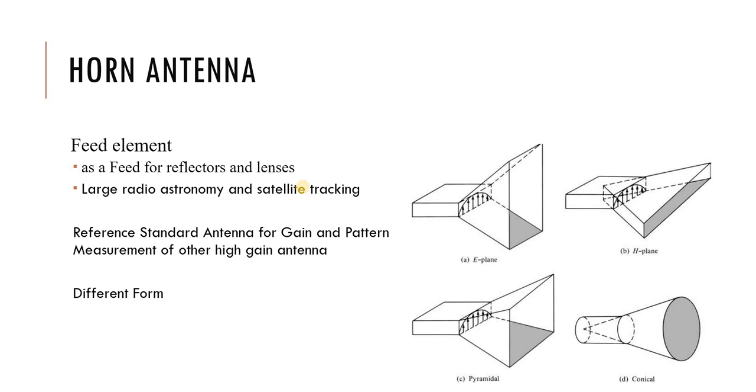If you go to the antenna measurement lab, you can see a range of reference and standard horn antennas, from 400 megahertz to terahertz actually, which have high gain and high directivity to measure the pattern and the gain of another antenna. And as you can see in the picture, they come in different forms, like E-plane, H-plane, pyramidal or conical shapes.